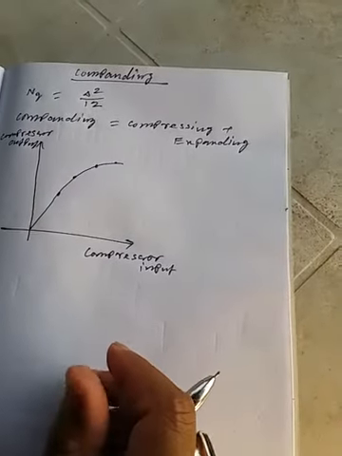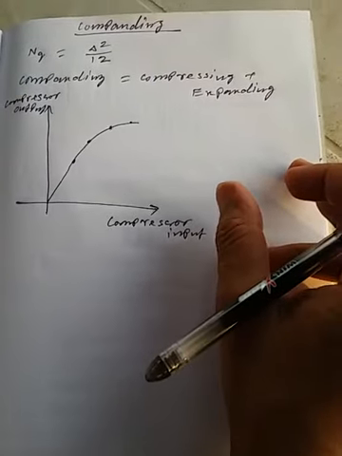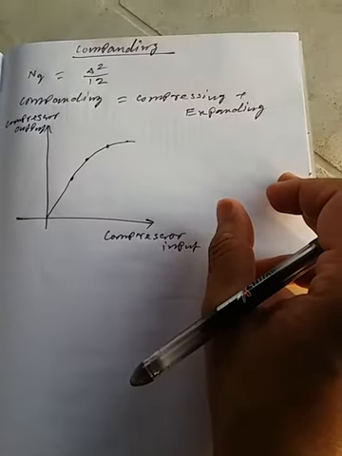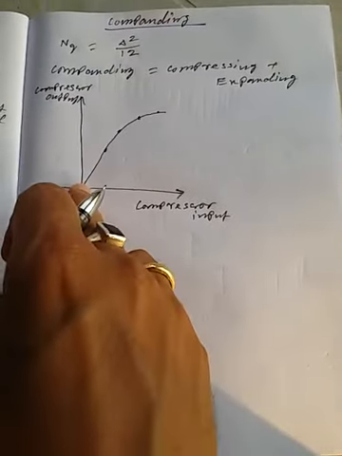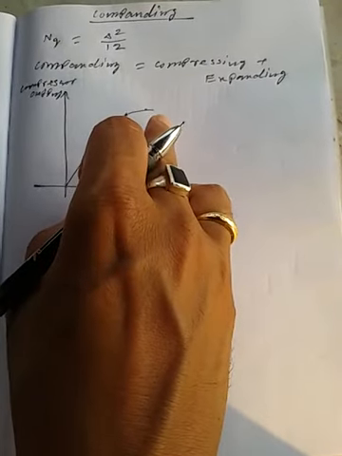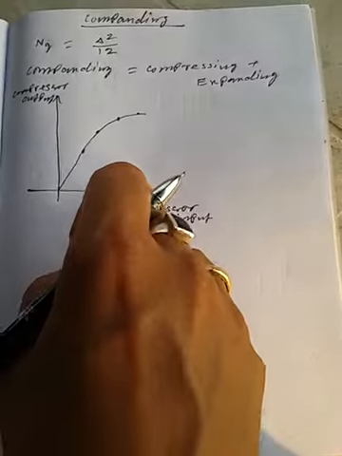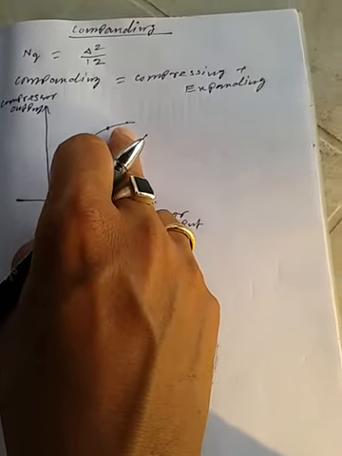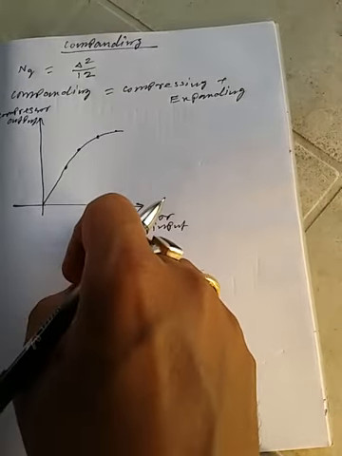So this is the compressor characteristics curve. As shown in this figure, the compressor provides a higher gain to the weak signal, and smaller gain to the strong input signal. When the input signal is very strong, then it gives smaller gain because the output as compared to input is very small.